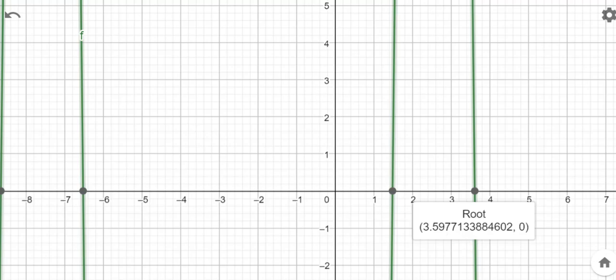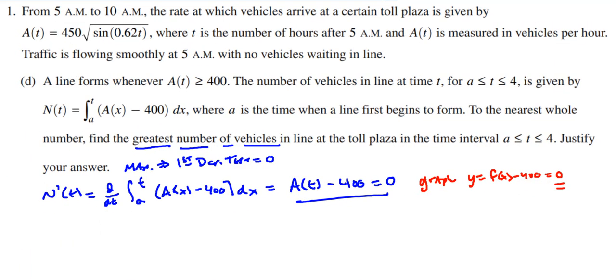That is when we have our first derivative test here. And so I have two times. Time 1 ends up becoming 1.46937. Time 2, when it equaled 0, was 3.59771.